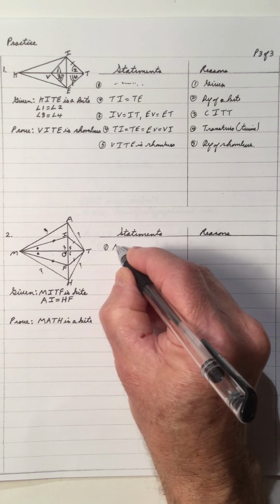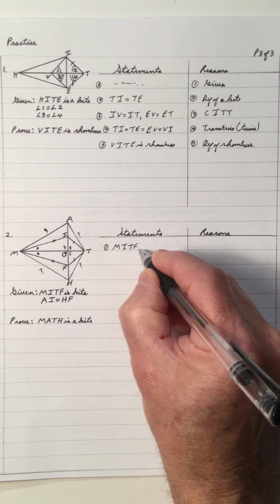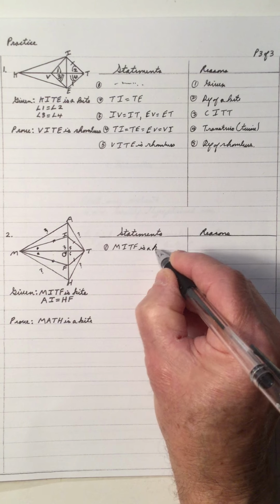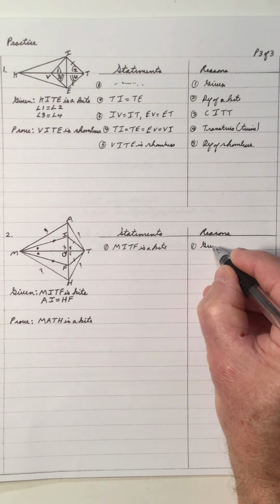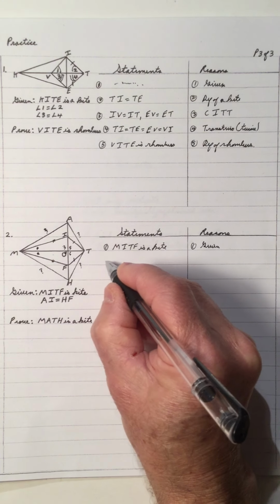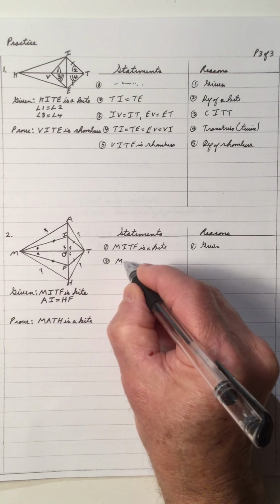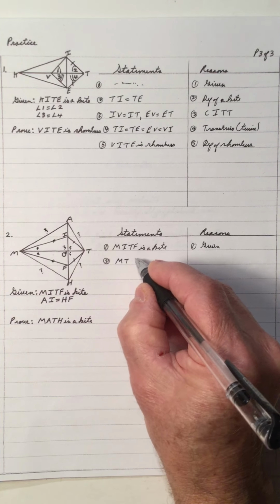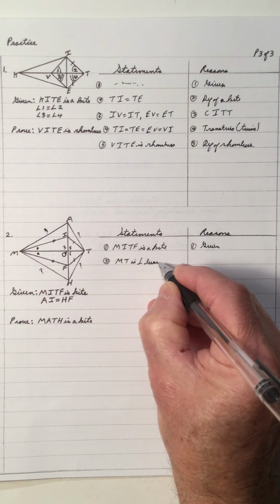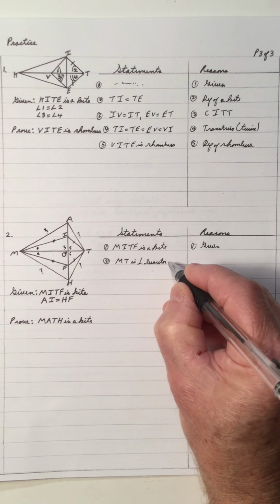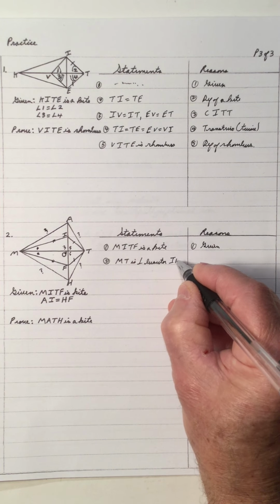So here we go. Number 1: MITF is a kite. Given. Number 2, that means that MT is the perpendicular bisector of IF.